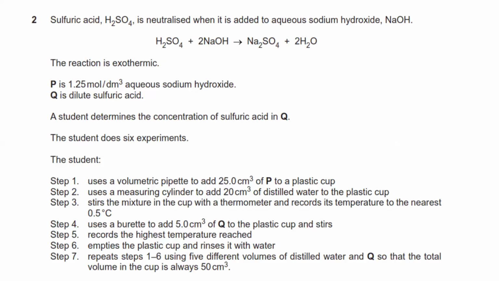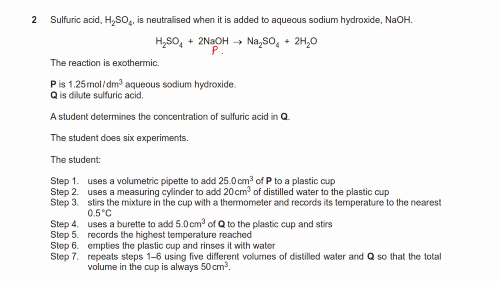So moving ahead, for question number 2, it says sulfuric acid or H2SO4 is neutralized when it is added to sodium hydroxide or NaOH. Then the equation for the reaction is given. It says the reaction is exothermic. Then it says P is 1.25 mole per decimeter cube of sodium hydroxide.